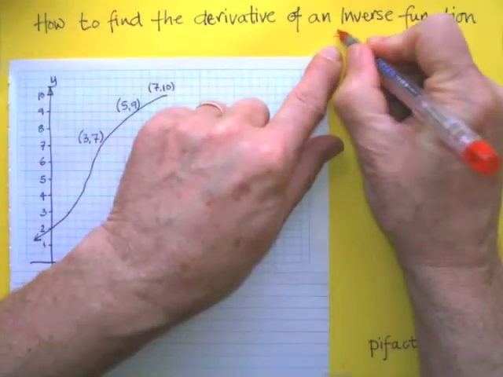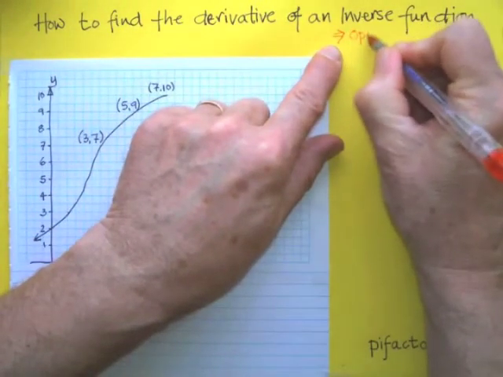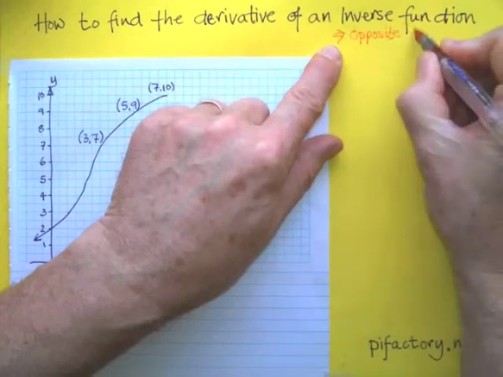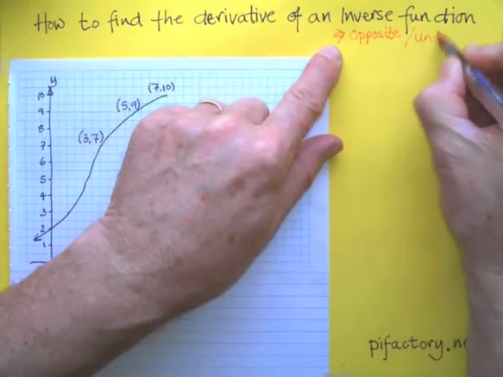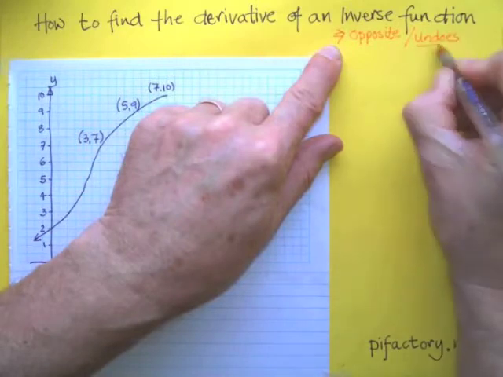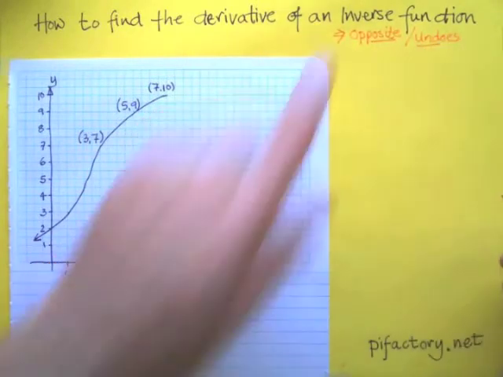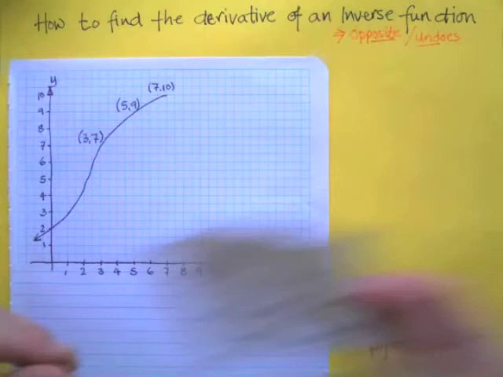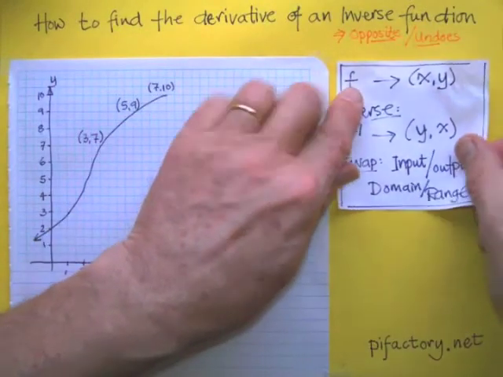Inverse usually means, we take it to mean opposite, and sometimes we think that it undoes the original function. So these are two words we use with inverse. Let's just have a quick recap of what we mean a little bit in more detail.